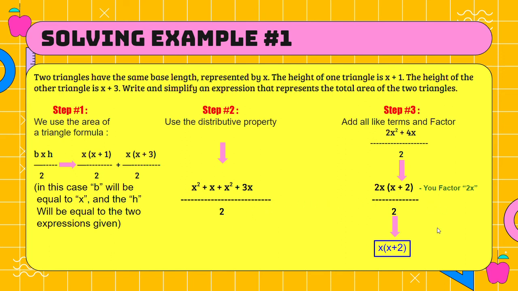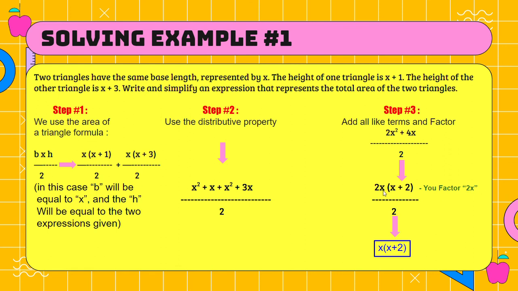And to actually get the answer, since you're not done, you need to factor. Factoring is when you take out a common factor from both of the terms. So in this case, it will be 2x.